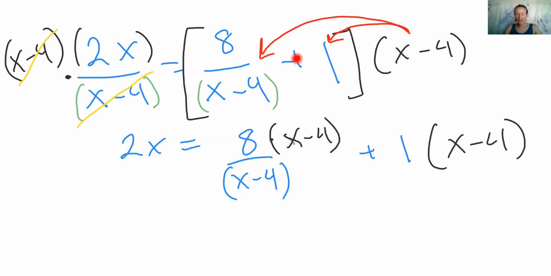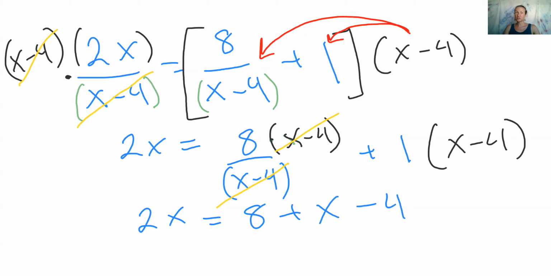Now you can see that in this fraction on this side, our x minus 4s will also cancel out. But we are still stuck with that 1 times x minus 4, and that's okay because that'll distribute. So we've got 2x is equal to 8 plus 1 times x minus 4, which is just x minus 4.